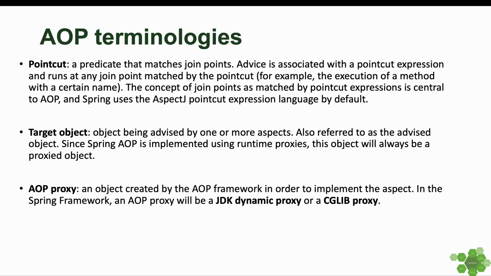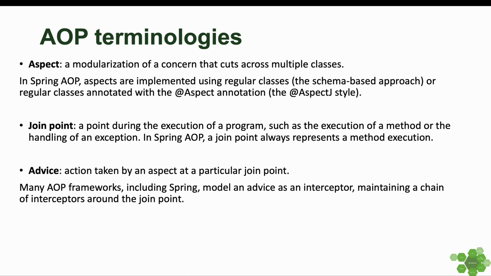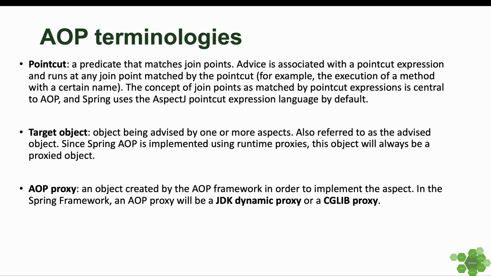So an advice is associated with a pointcut expression. That means that if you want to perform an advice, which in the previous slide we said is an action, you must know where to perform that action.